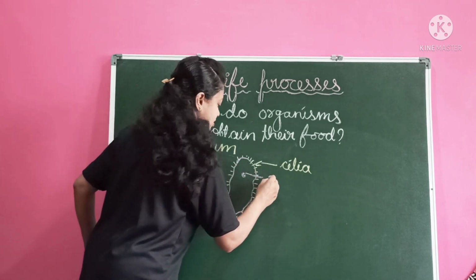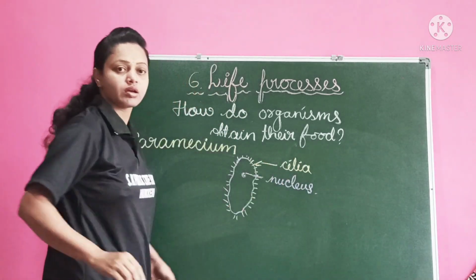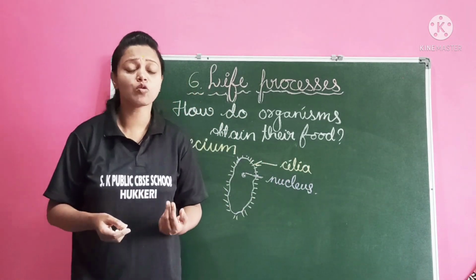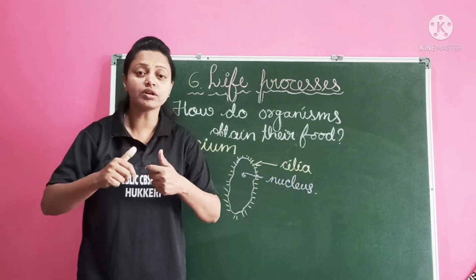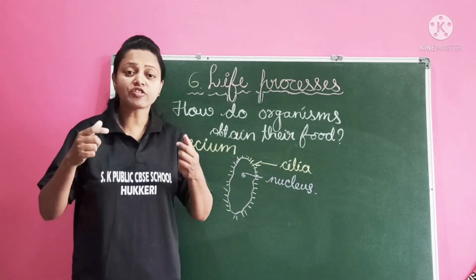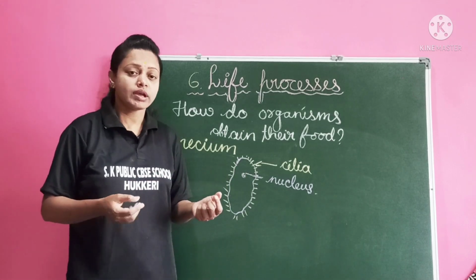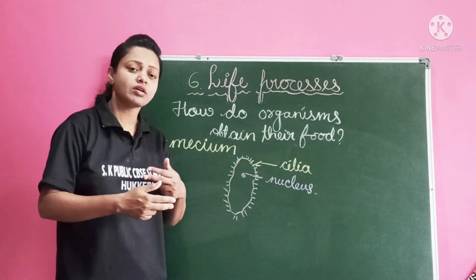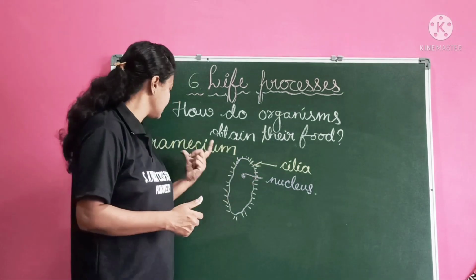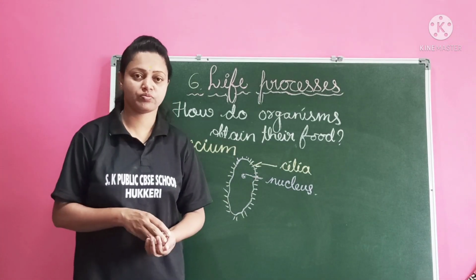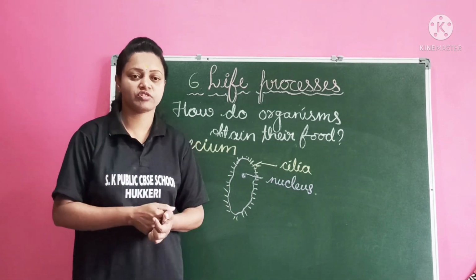This is the nucleus. Now, the cilia absorb the food molecules at a specific spot. And here the same process of digestion and excretion takes place in the Paramecium also. Understood, dear students?